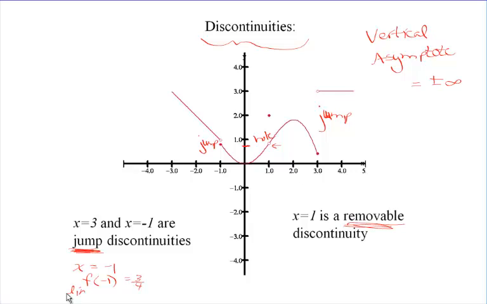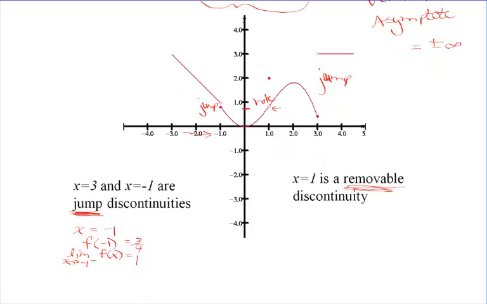Then let's look at the limit as x approaches negative 1 from the left of this function. As we approach negative 1 from the left, the outputs are approaching 1. As we approach negative 1 from the right, the limit as x approaches negative 1 from the right of our function is that value 3/4.